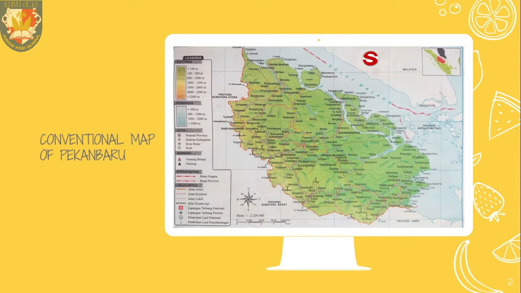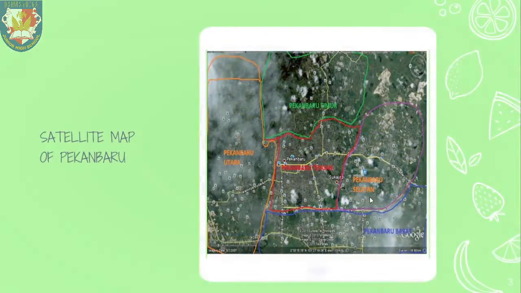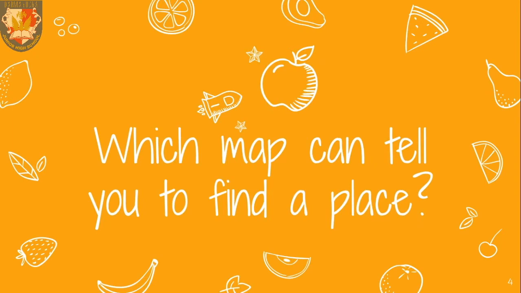As you can see in this picture, this is a conventional map of Pekanbaru, while this is a satellite map of Pekanbaru. Now, my question to everybody: which map can help you find a place?